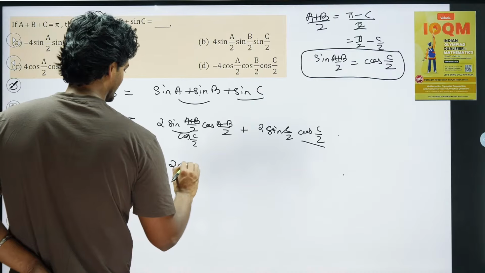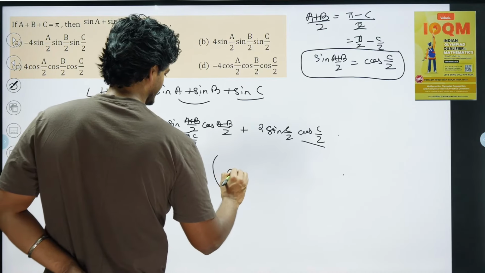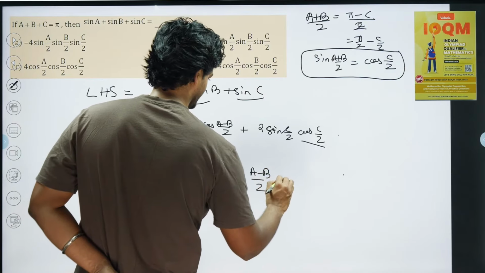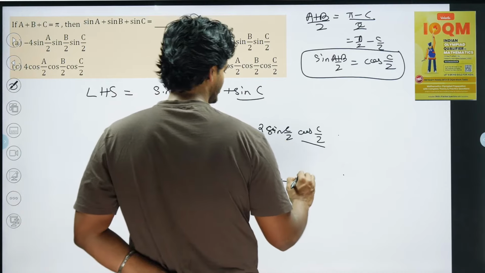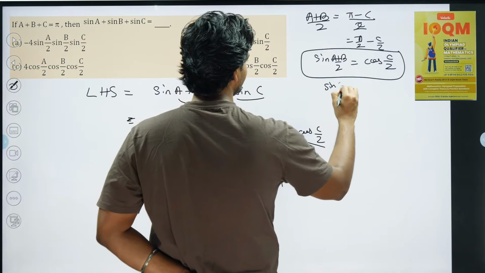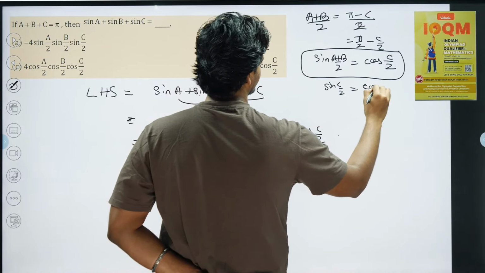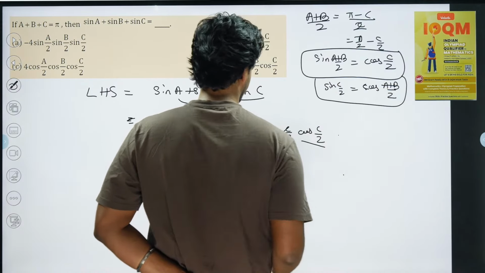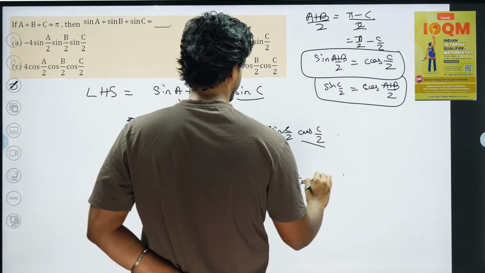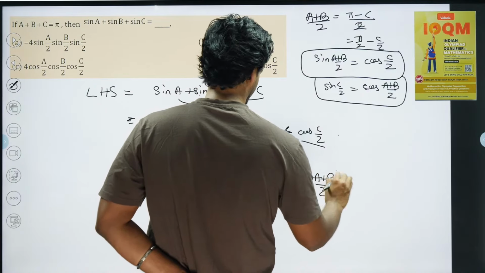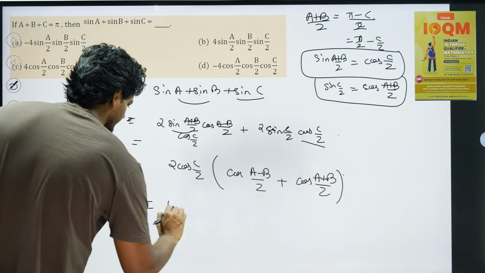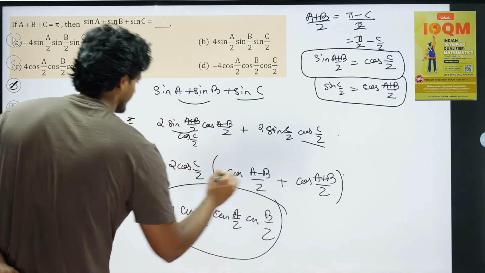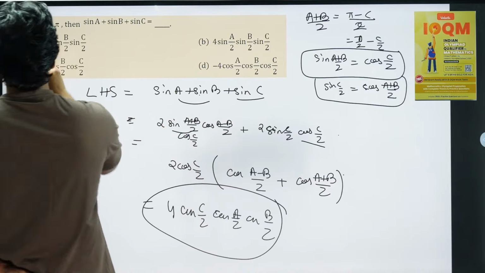So I'm taking 2 cos(C/2) common. So this is cos((A minus B)/2) plus sin(C/2), and sin(C/2) is similarly equal to cos((A plus B)/2). So this is simply 4 cos(A/2) cos(B/2) cos(C/2). And that happens to be option C.